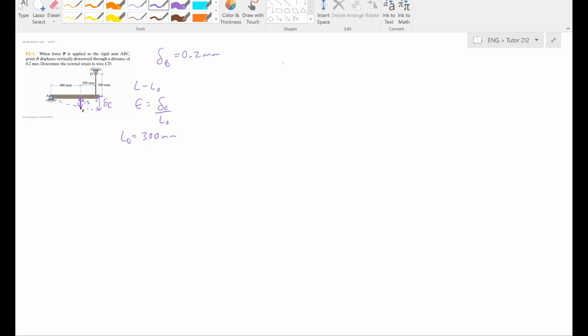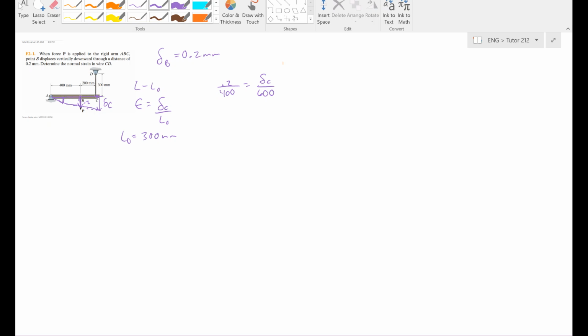All right, and so here we're just going to use that small angle theorem that I think was talked about in your lecture, and kind of just like triangles. So as you can see, this angle right here will be the same, and using that small angle triangle, the ratio is 0.2 over 400 millimeters, which should be equal to the elongation at C, that difference in length, over 600.